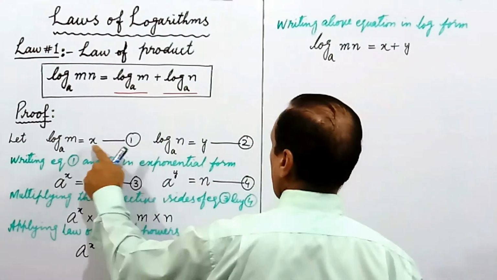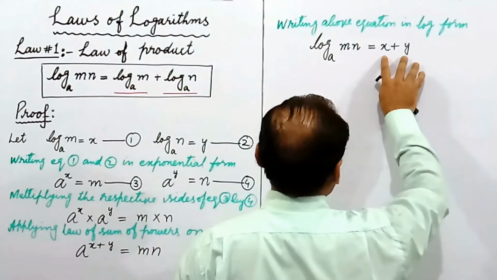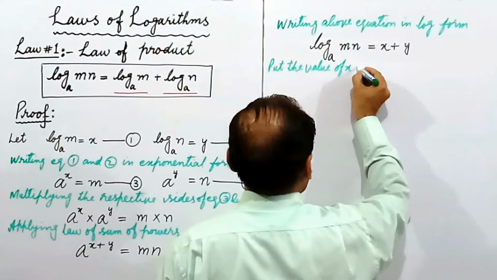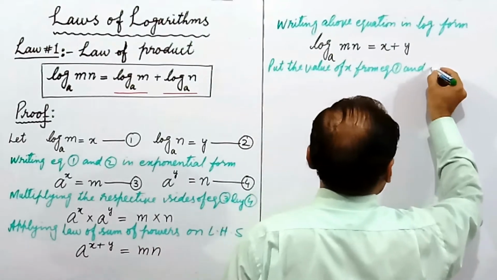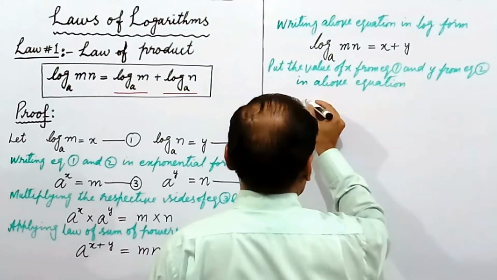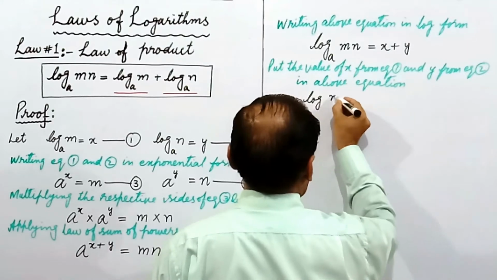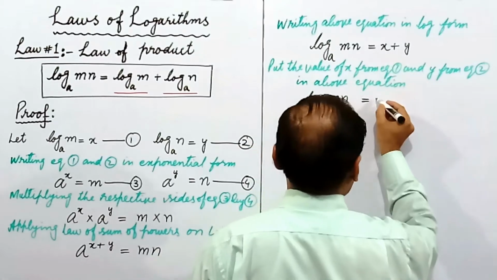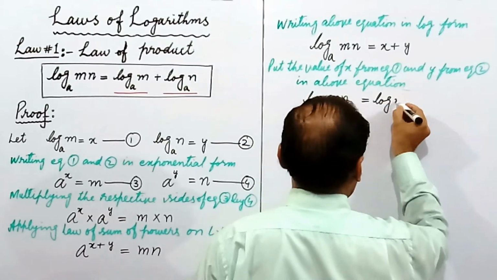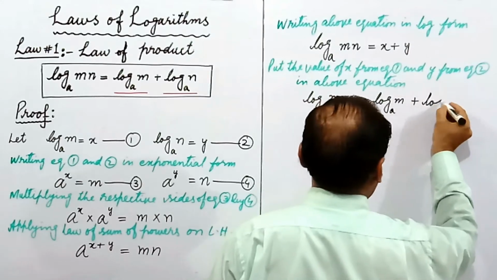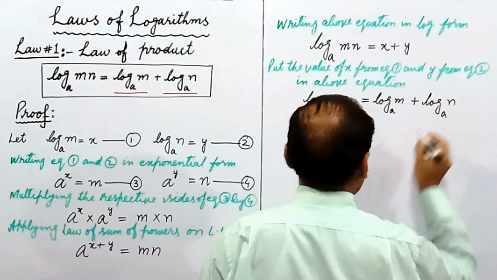We put the values of x and y in that equation. We have log m n to the base a is equal to, the value of x is log m to the base a plus the value of y is log n to the base a.